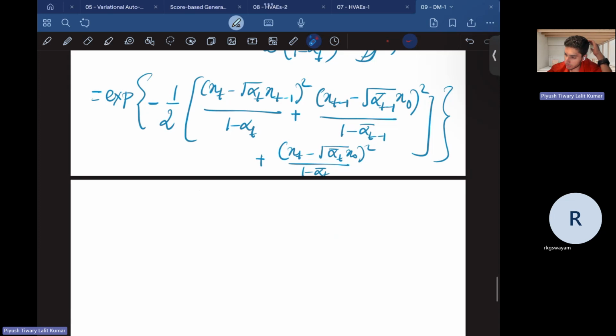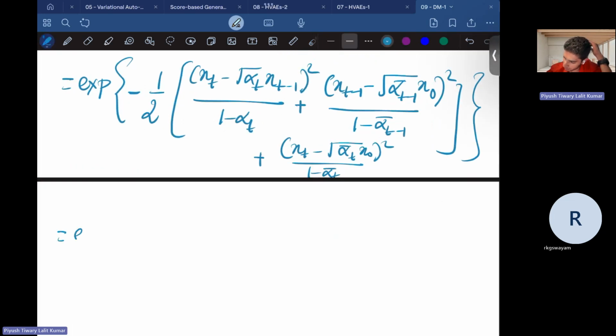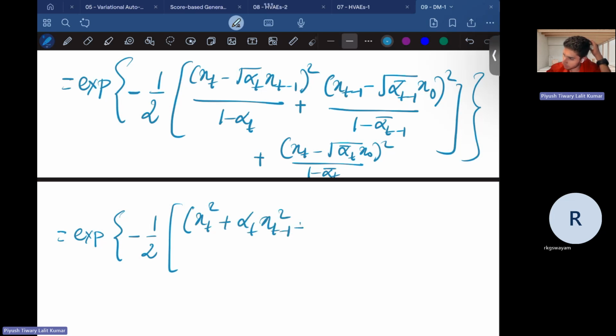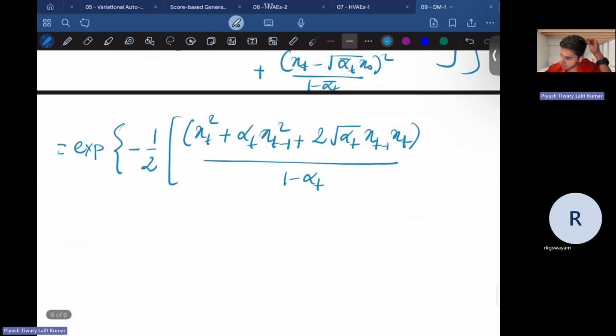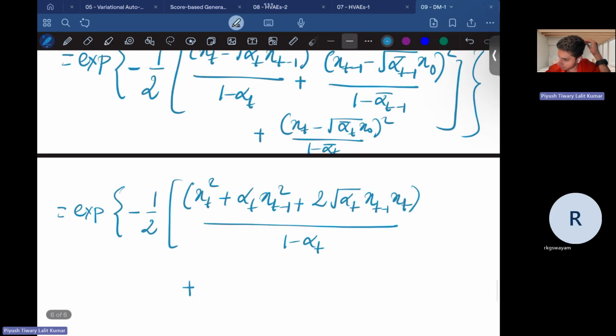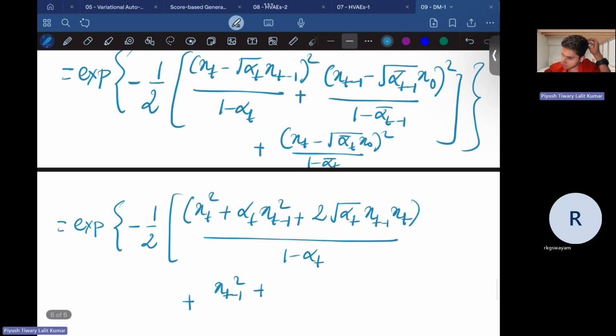Okay, so what we can write down is that this thing is equal to exponential of minus 1 by 2. The first term here is xt square plus alpha t xt minus 1 square plus 2 square root of alpha t xt minus 1 xt, divided by 1 minus alpha t. What is the second term? The second term similarly is xt minus 1 whole square, plus, oh wait, it's a minus.